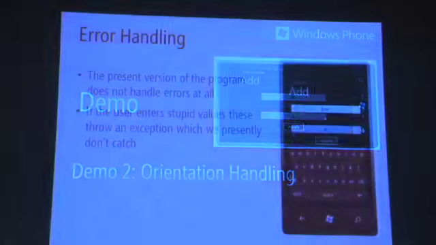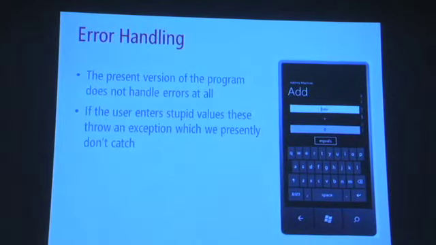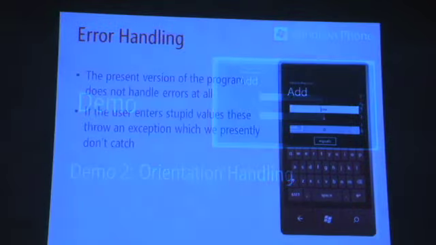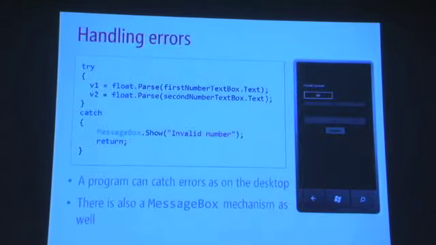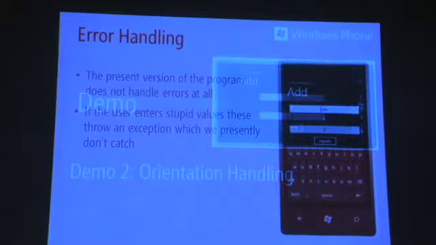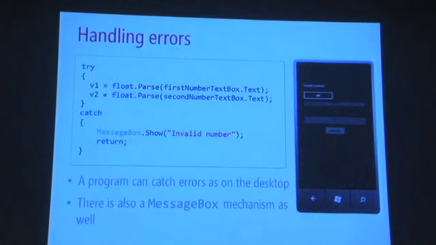Orientation handling. We're kind of running out of time, so I'm going to pass by it. Error handling. Let's see. So we also want to deal with error handling, right? For that phone adding machine app. So what you could do is you could handle errors, right? There's something called try catch.